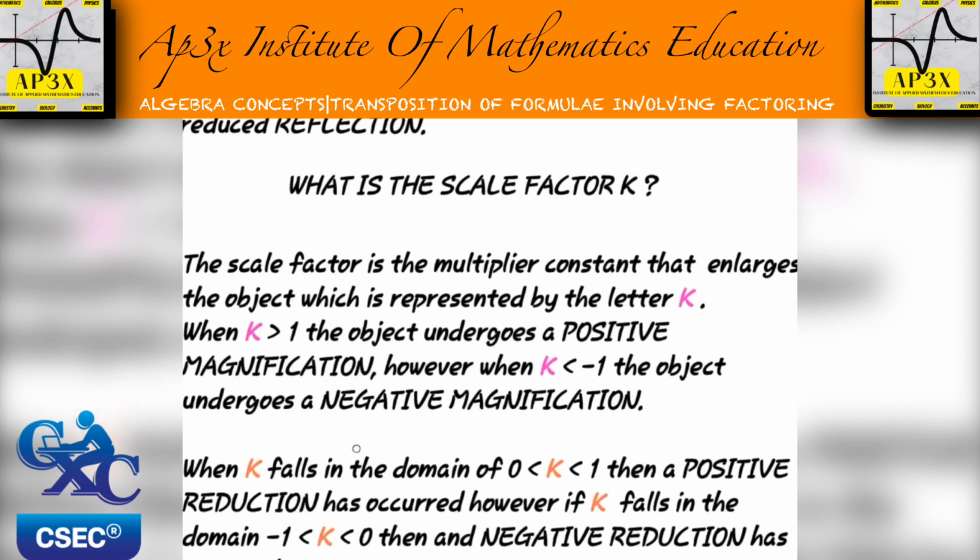Now, when K falls within a domain, this positive domain here, when K is greater than 0 but at the same time K is less than 1, then a positive reduction has occurred. However, if K is greater than -1 but less than 0, then we say that a negative reduction has occurred.